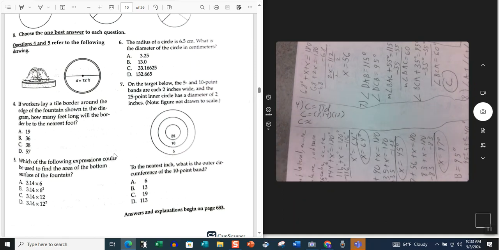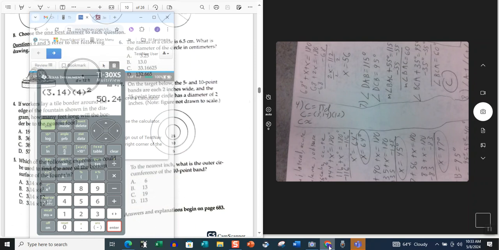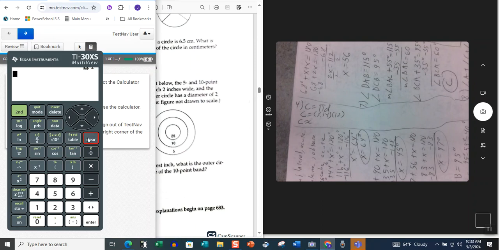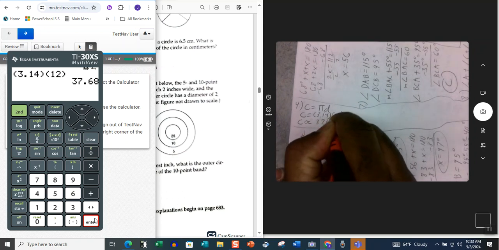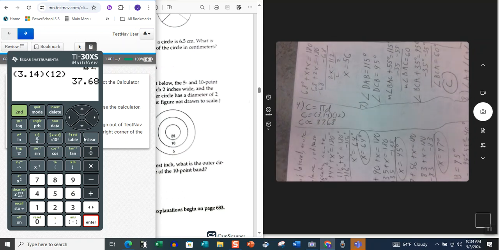So now we can put this in our calculator. So we have 3.14 times 12. We get 37.68. So it's approximately 37.68.